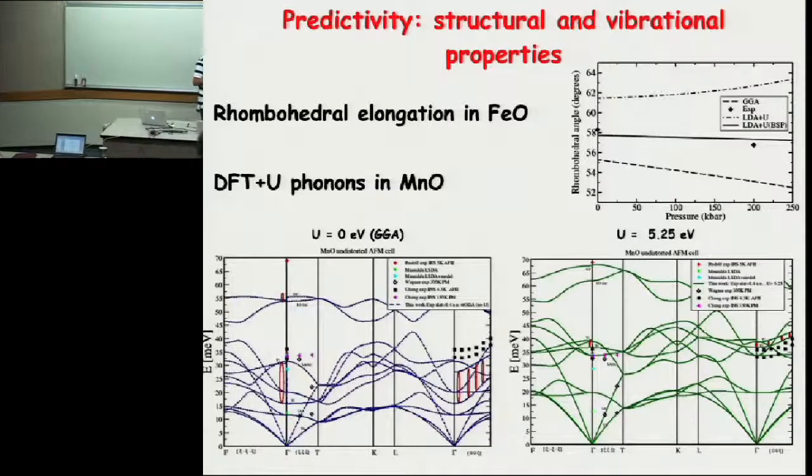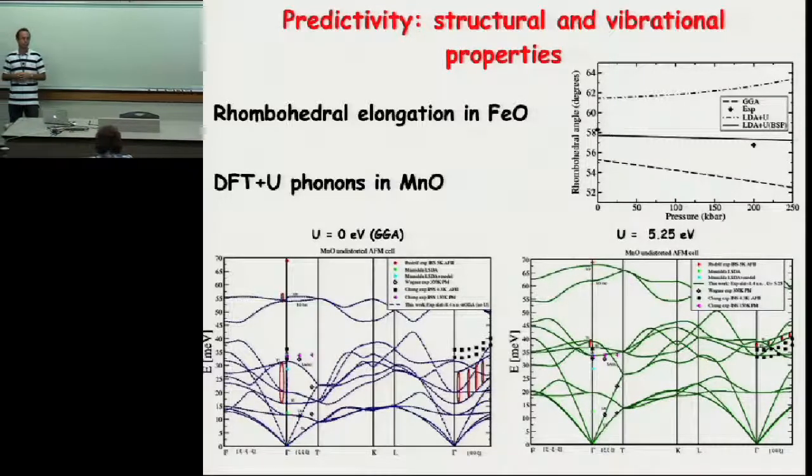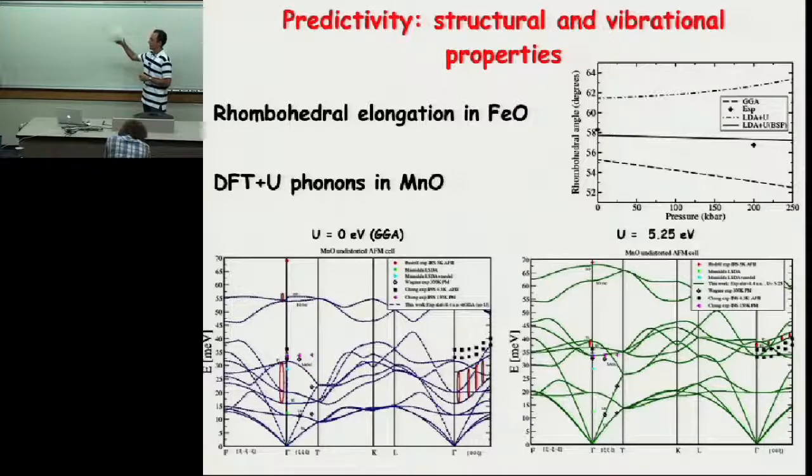A related question though. How sensitive is the free energy to the different choices of U? Clearly the vibrational frequencies depend on U, and therefore the free energy. So how important is it for thermochemistry and phase diagrams? Would it matter that I have 5.25 electron volts versus something like 4 electron volts? Would that make a big difference in terms of what the planetary interior looks like? I don't know yet. We haven't computed it yet. I guess it depends on a summation over phonons, so it's a little bit less sensitive, I would predict.